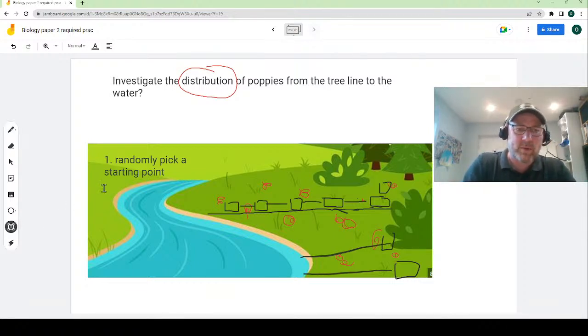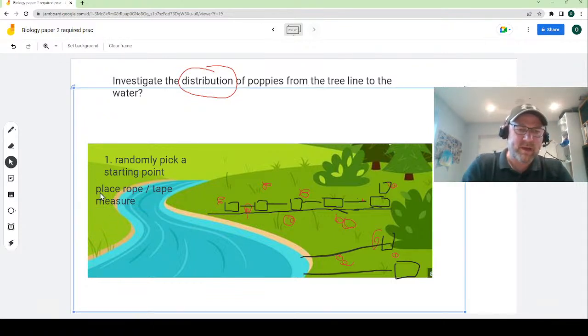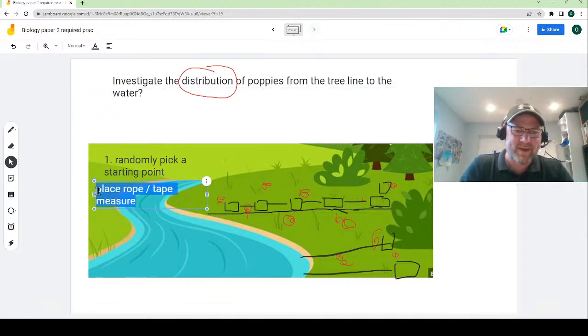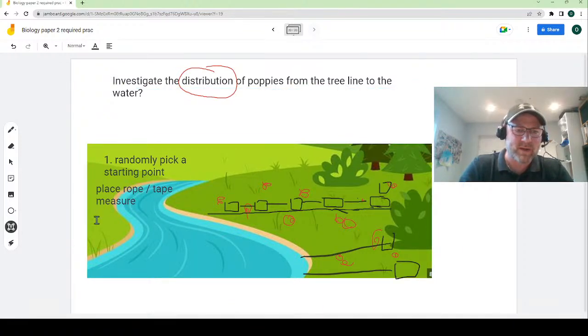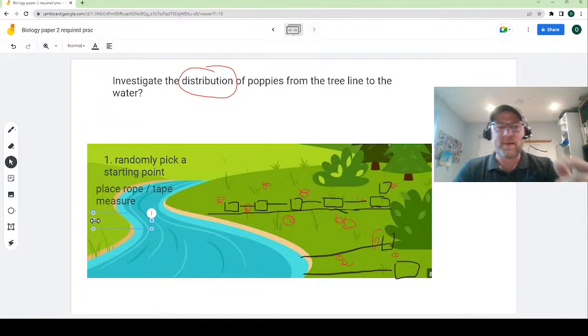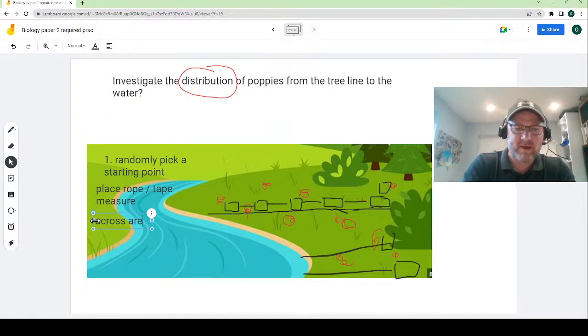Randomly pick a starting point, then place rope. It's better to say tape measure because then you get the distance as well. Place the tape measure across the area.